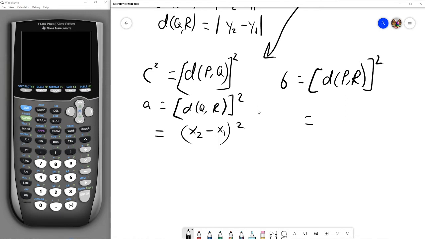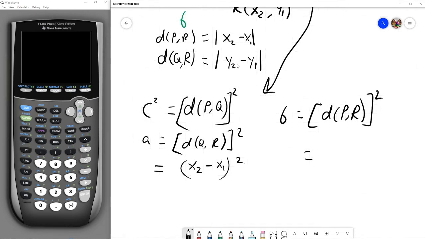Since a is the distance from Q to R squared, that's going to be y2 minus y1, that quantity squared. And for b, it's going to be x2 minus x1, quantity squared. We can drop the absolute values because both of these differences are being squared, so it's going to be positive anyways.